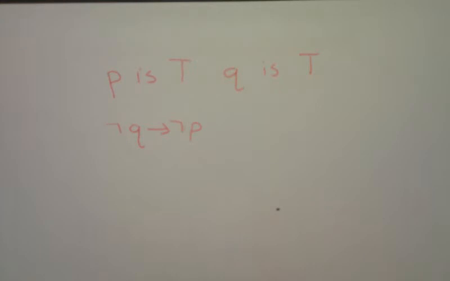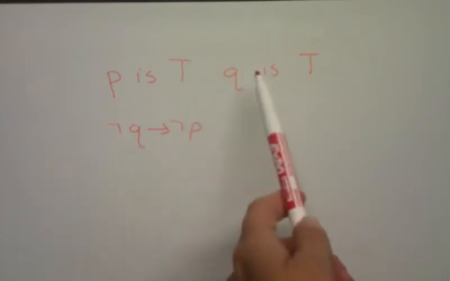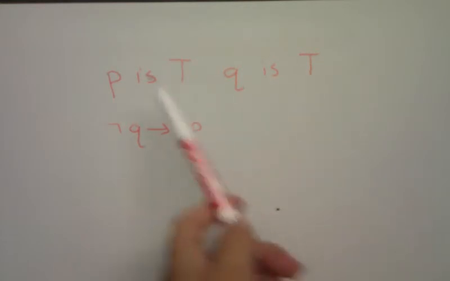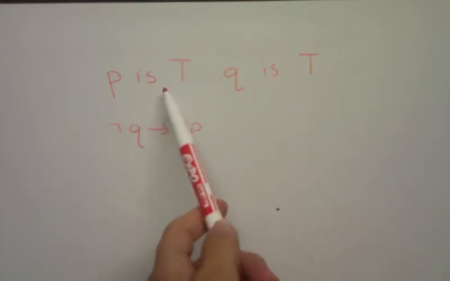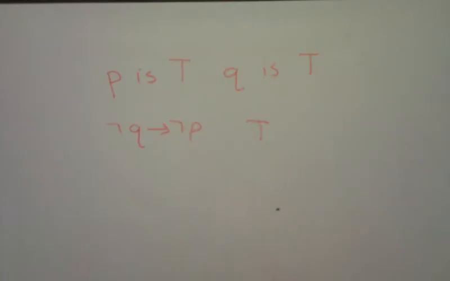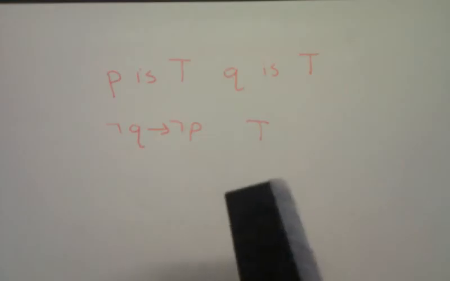Okay. Well, if not Q, so if Q is not true, then it's false. So if Q is false and P is not true, so P is false. Q is false and P is false, then my answer is true. Are you remembering these? Let's do another one.